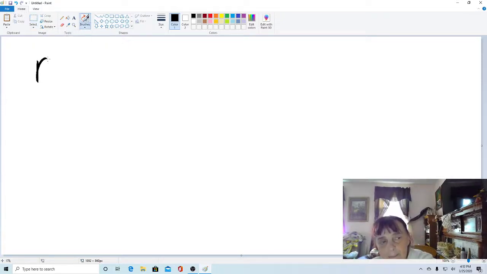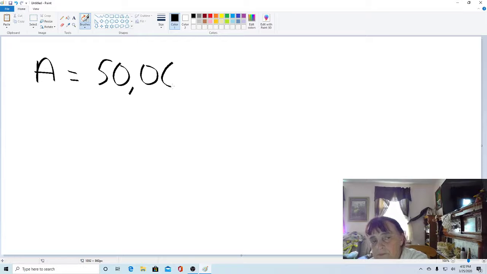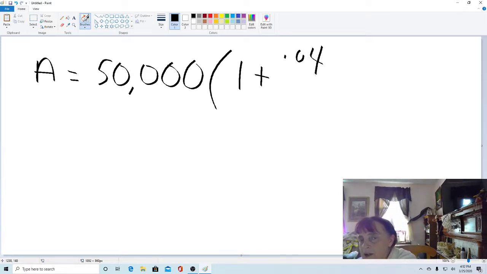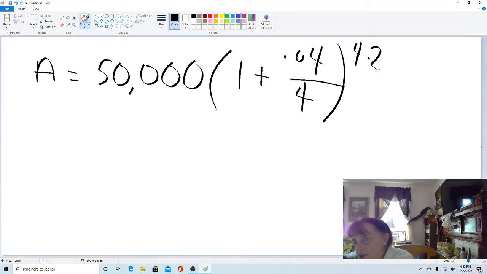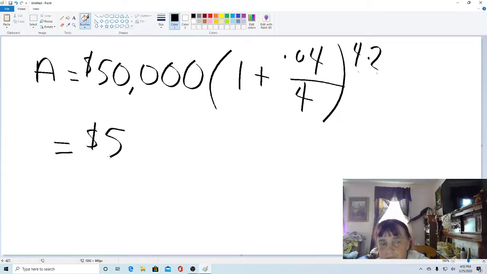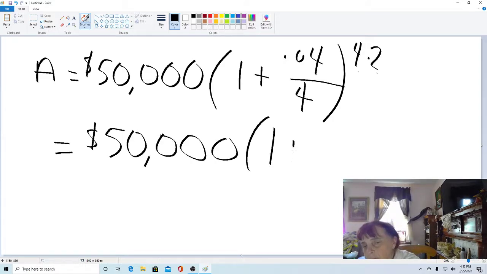So A equals 50,000 times 1 plus 0.04 divided by 4 raised to the 4 times 2 power. Okay, it's 2 years, but it's 4 times, it's quarterly. So that is 50,000 times 1 plus 0.01 to the 8th power.